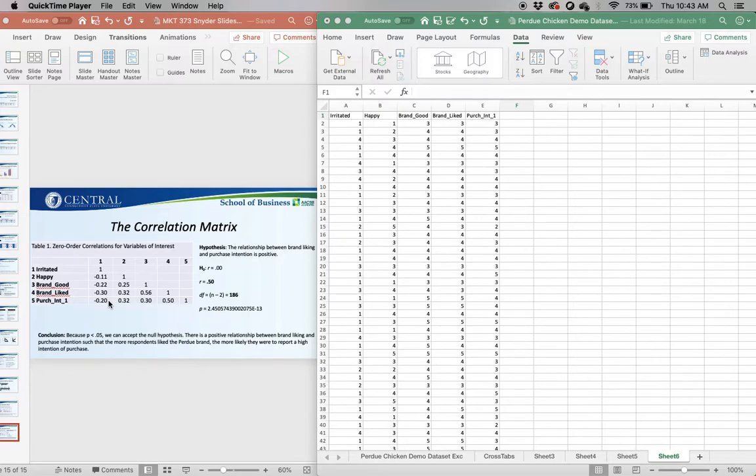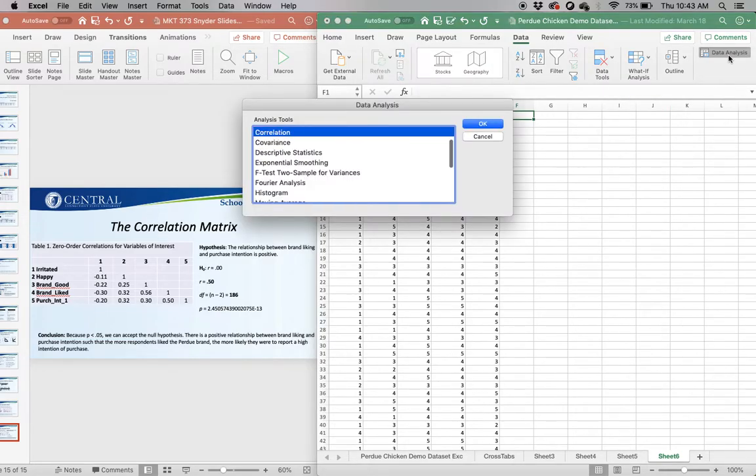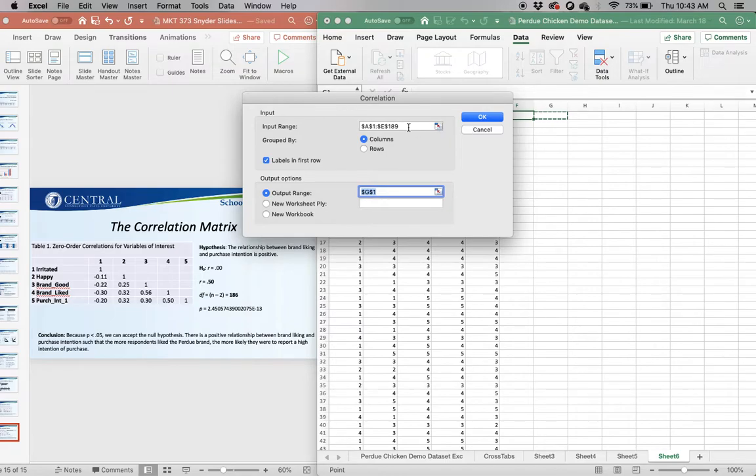So let's take a quick look at how we go about calculating a correlation matrix in Microsoft Excel. This is actually a very simple test. All we have to do is go to Data Analysis. We're going to find Correlation on the list. We're going to click OK. It's going to ask us for the input range.